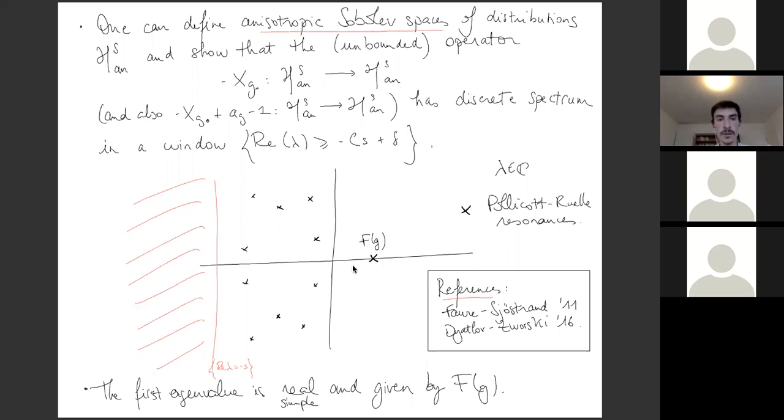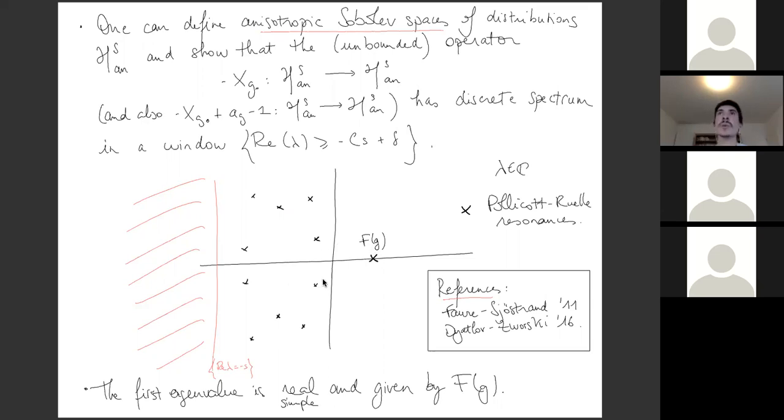And what you can show is that the F of g that I was giving before, so the pressure of a certain potential, is actually the leading eigenvalue of my operator minus X_{g0} plus a_g minus 1. So this spectrum is really important in Anosov dynamics. For instance, you can show the existence of what's called a spectral gap, namely a gap between the first leading eigenvalue and the second ones.